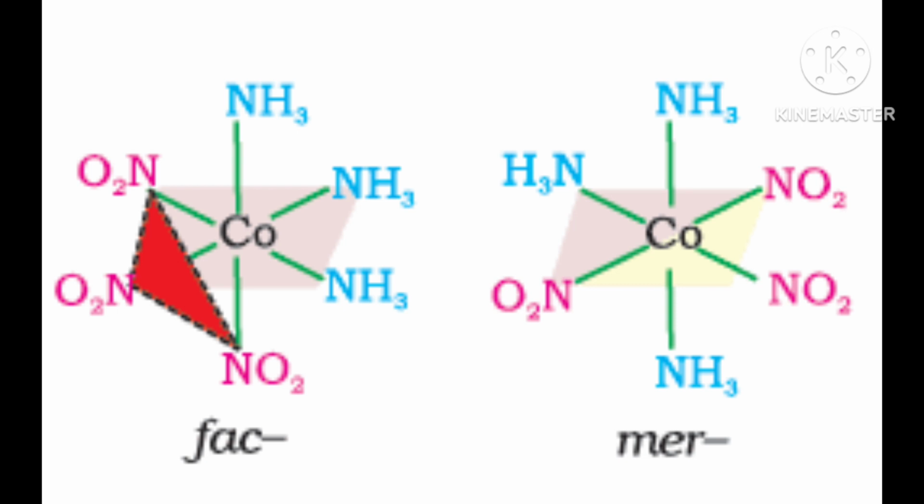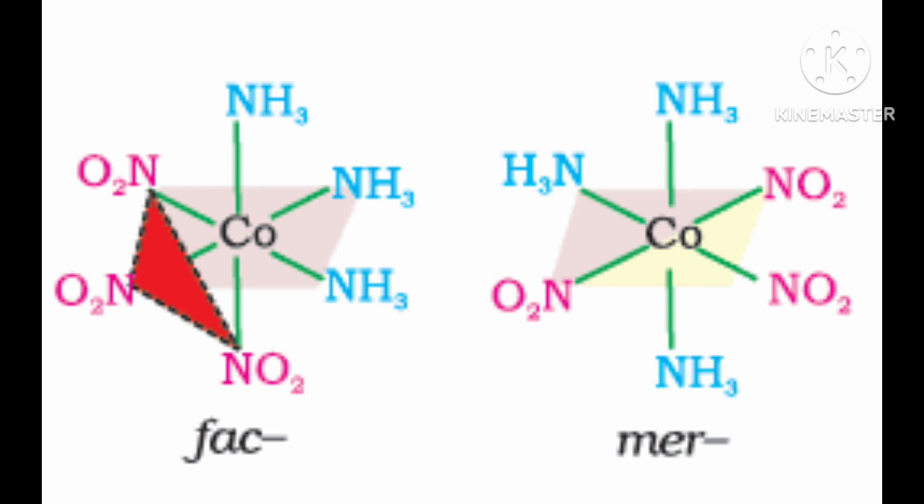Now optical isomers, I was discussing. Optical isomers are mirror images that cannot be superimposed on one another. This is the main condition. And after that, these two types of isomers are called enantiomers.